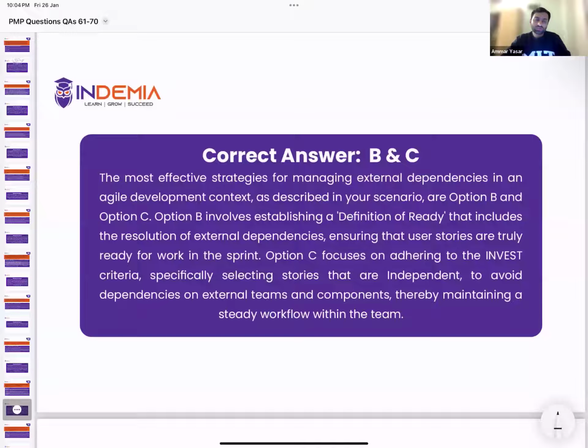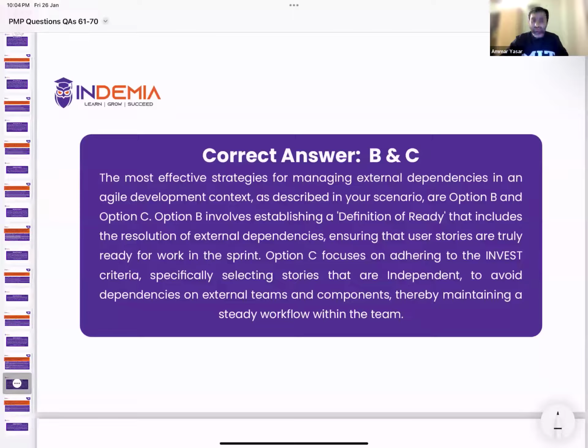All right, and you'll see some questions in the exam in which you have to choose more than one option. So I can see some of you have chosen just one option. For questions where it is written, choose all applicable options or more than one option, please select more than one option. Last question.